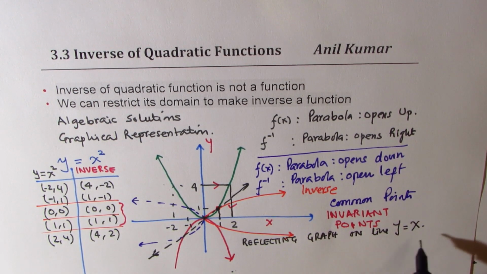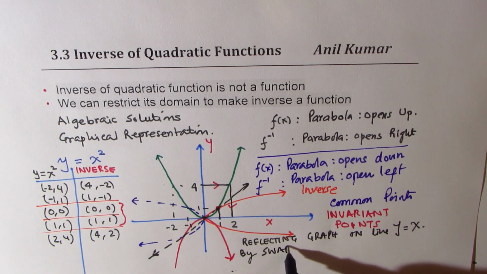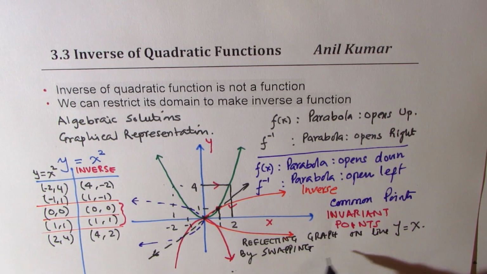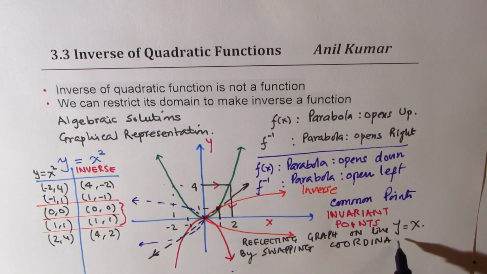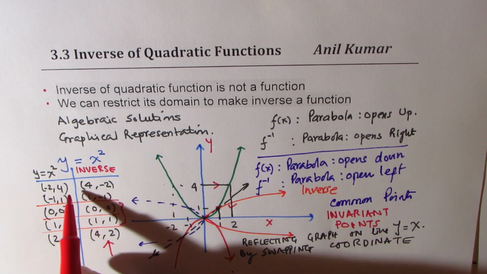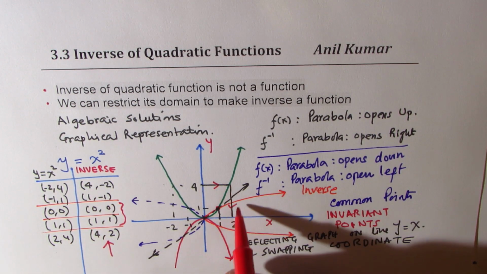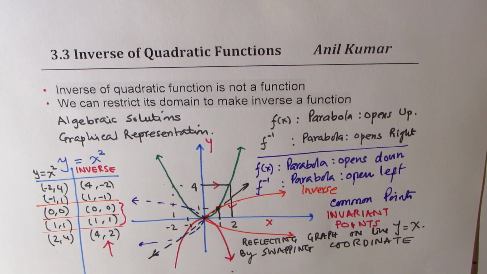Correct? You could also get the same result by swapping coordinates, which we have shown here. So this part here shown is by swapping coordinates. We got the new coordinates, and then from there we sketched our inverse function.